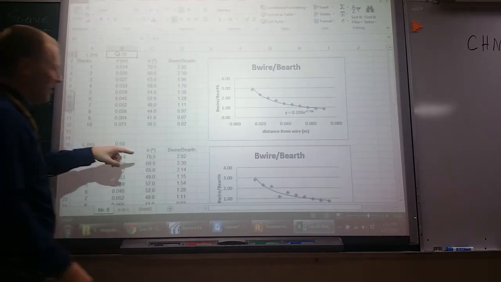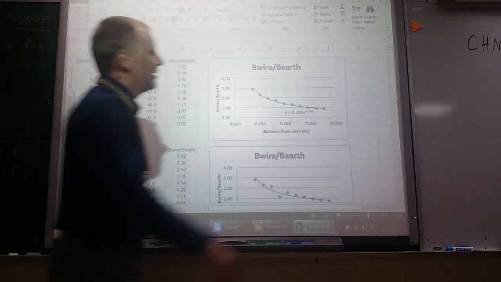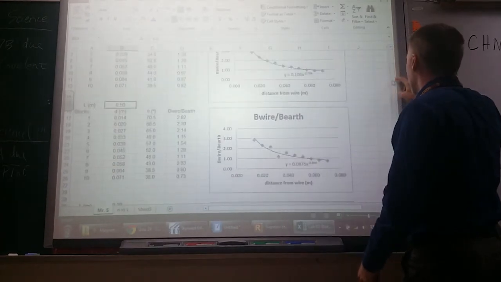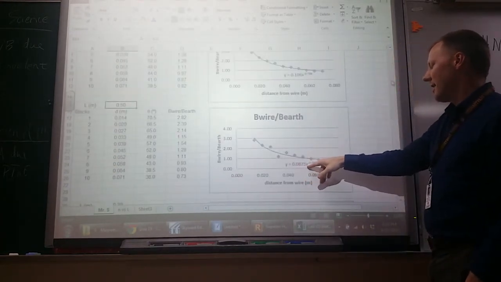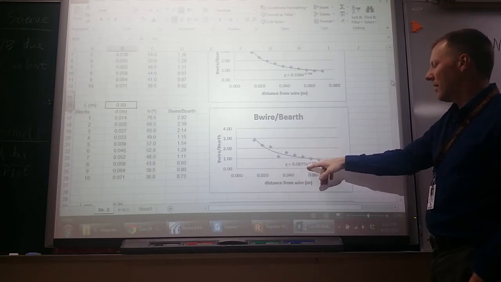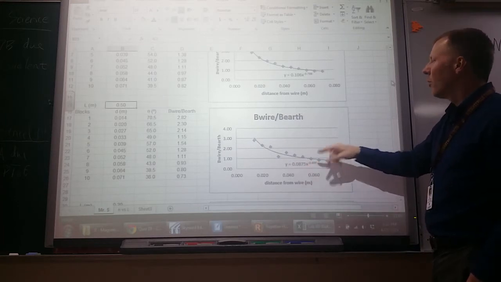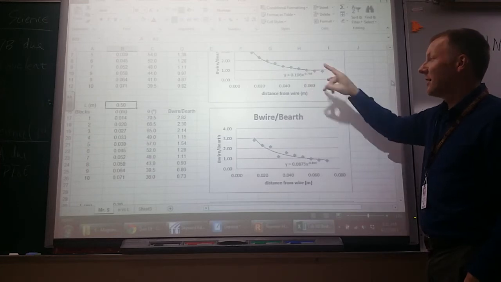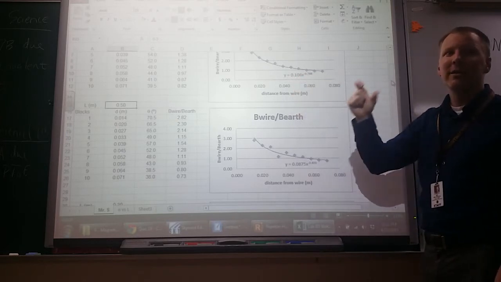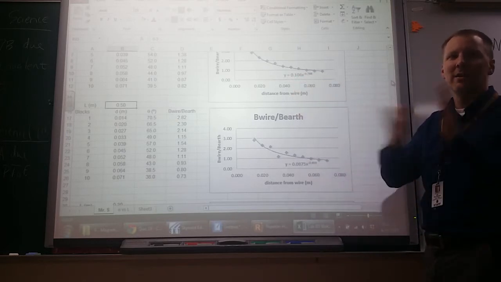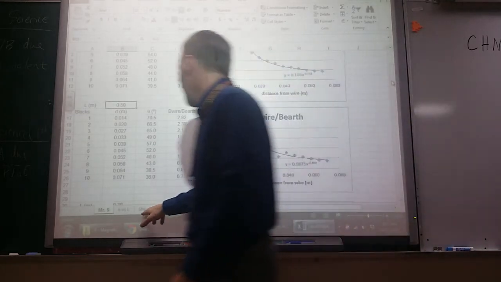When I went down a little, to half a meter, and plotted it, I got something similar but not quite the same, 0.09-ish times 1 over r to the 0.33. What I'm interested in is the length and what value of the exponent you got. We're going to compare those as the wire gets longer and shorter.